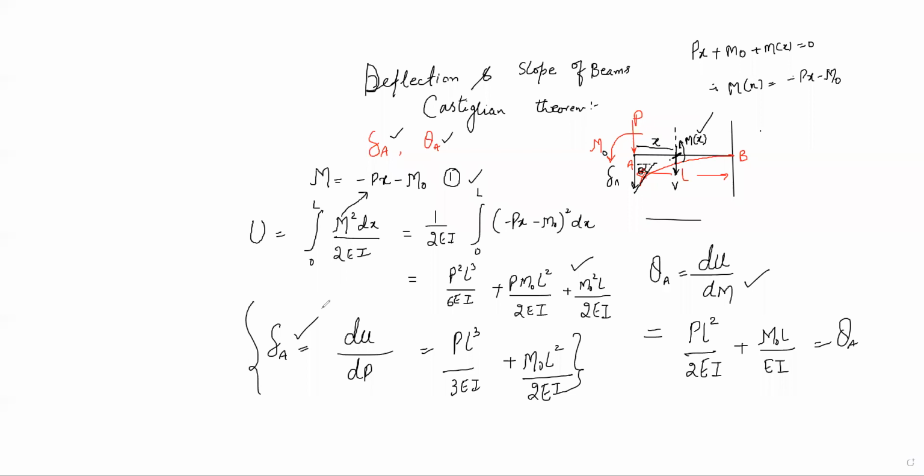Okay, in the same way, let's take one more example. Let's again talk about a beam. Let's take again a cantilever beam, though we can apply this to beams which are not cantilever.